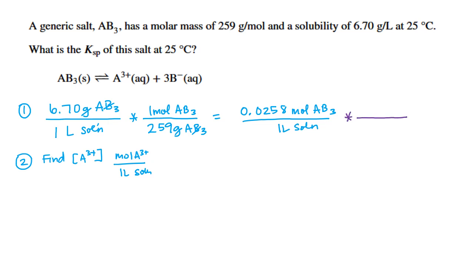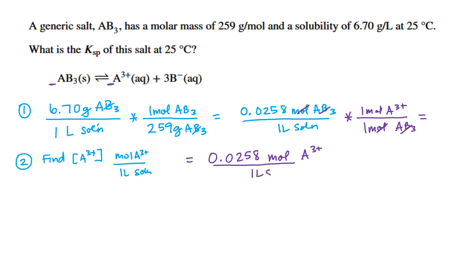If I look at the balanced chemical equation, I have 1 mole of AB3 equals 1 mole of A3+. Moles of AB3 are going to cancel, and I'm left with moles of A3+, so this number right here equals 0.0258 moles of A3+ divided by 1 liter of solution.